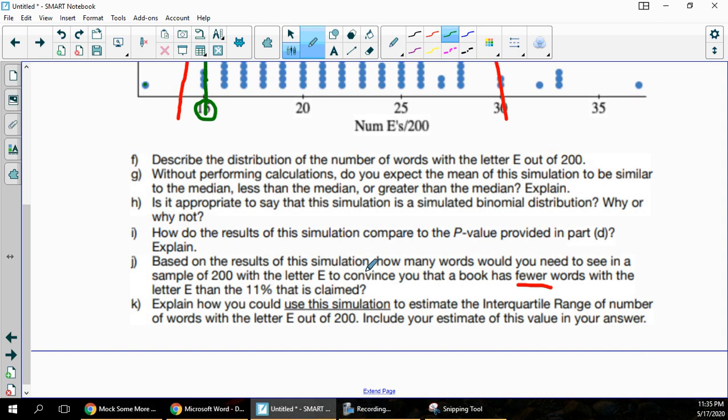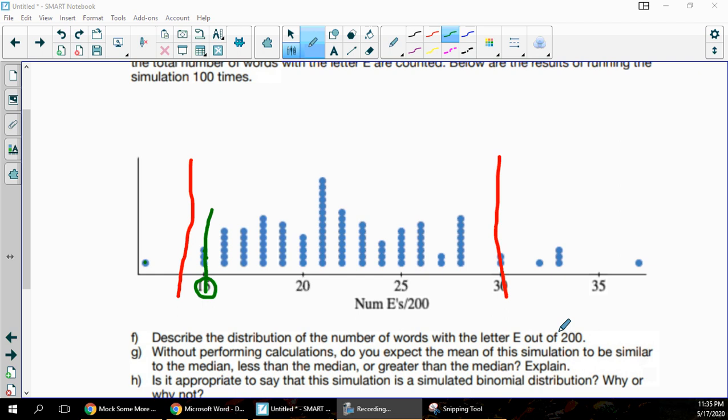Letter K, explain how you could use this simulation to estimate the IQR. Include your estimate in this answer. Okay, well, IQR, that's the 25th and 75th percentile, so I need to count 25 dots from the bottom, 25 dots from the top, because I know there's 100 dots on here. So I'll pause this and count.